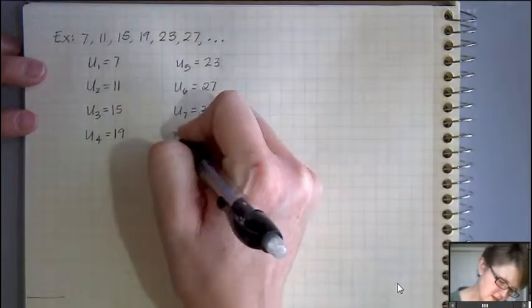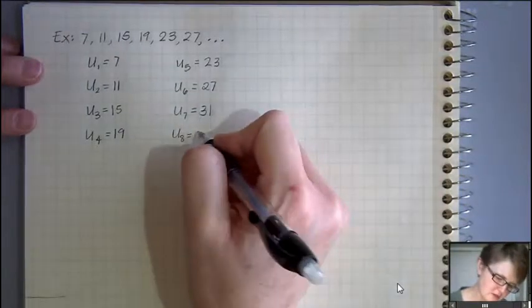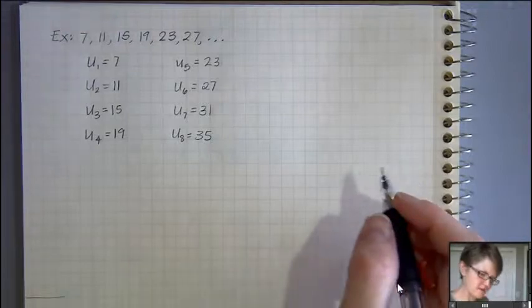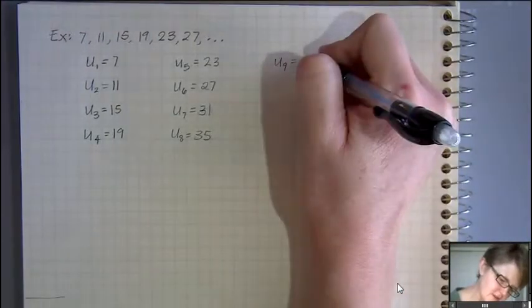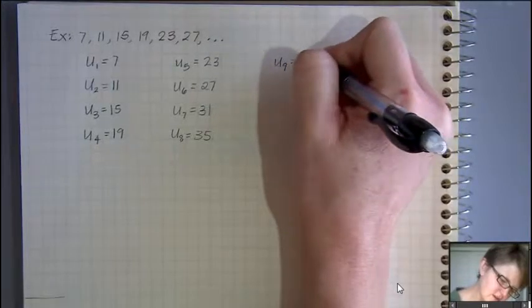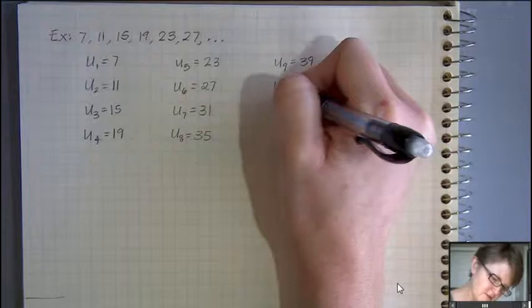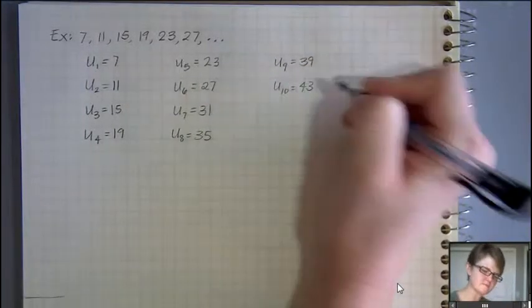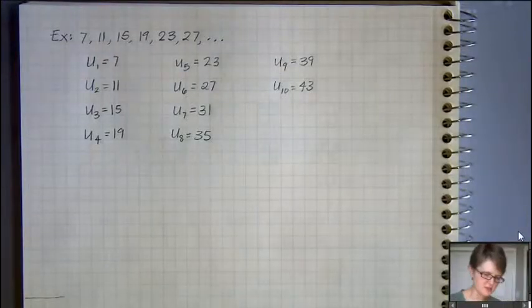U sub 8 is going to be 35. U sub 9 is going to be 39. U sub 10 is going to be 43. Okay, so I've listed the first 10 terms of this sequence.